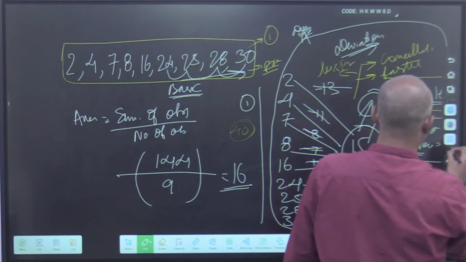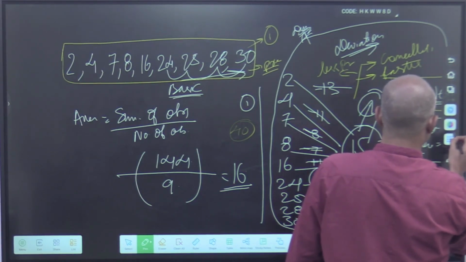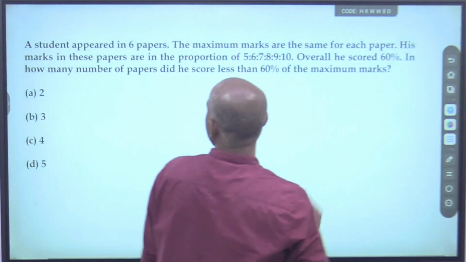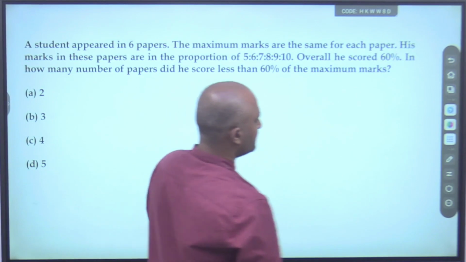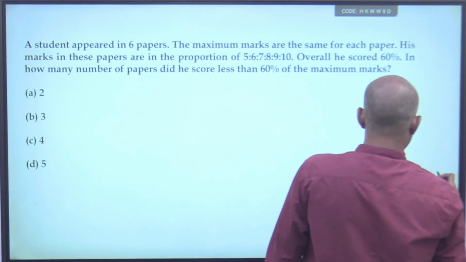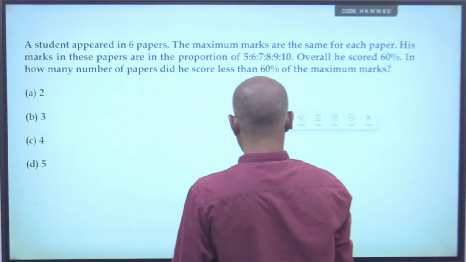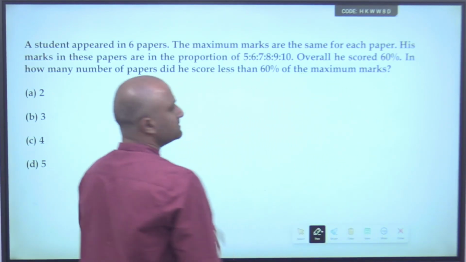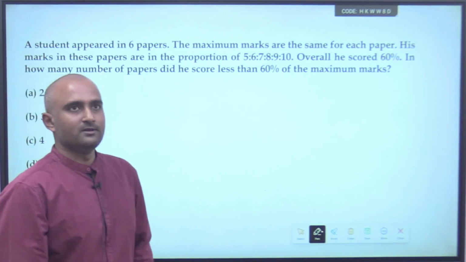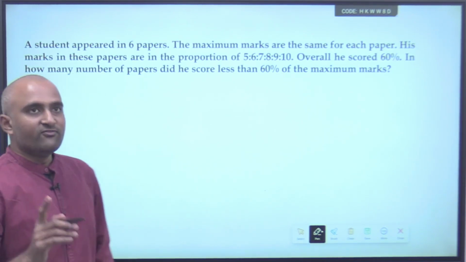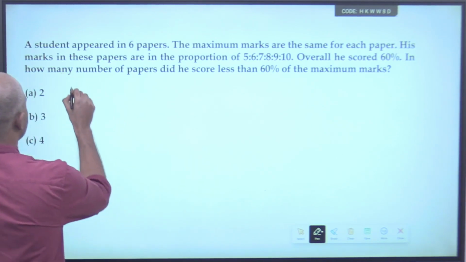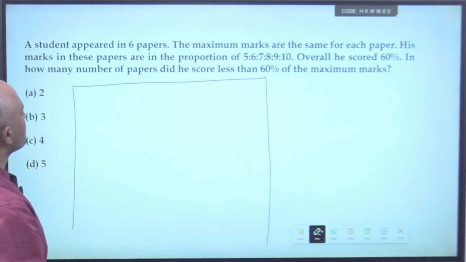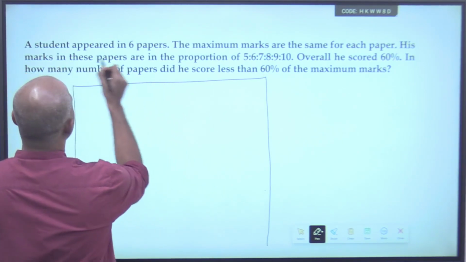Now, let us see how we can solve this. This is a UPSC CSAT question. If you had gone the other way, okay, a student appeared in 6 papers.